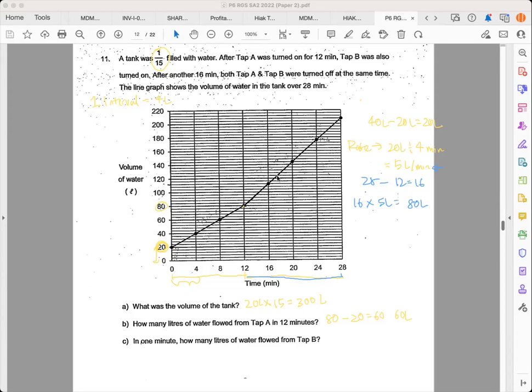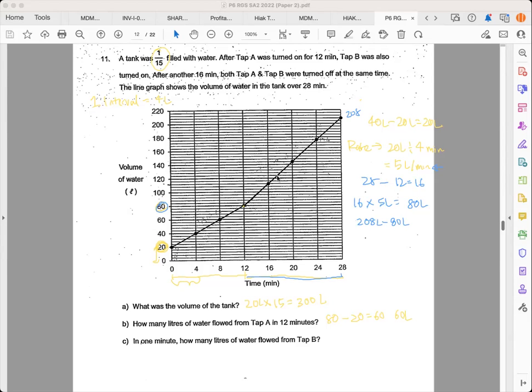If you look at the graph, from the 12 to the 28 minute, the total volume of water that goes in from both taps is from 80 all the way to here. If you stretch it all the way to the left to look at the scale, it is 208. So the amount of water that flows in from both taps will be 208 liters minus 80 liters.